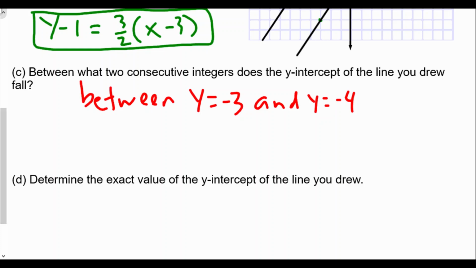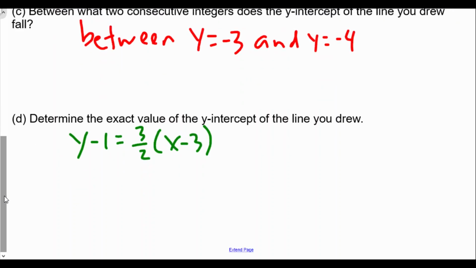We'll take our same equation, y minus 1 is equal to 3 over 2 times (x minus 3), and distribute the 3 over 2, then solve for y by itself. So now we get y minus 1 is equal to 3/2 x minus 9 over 2.